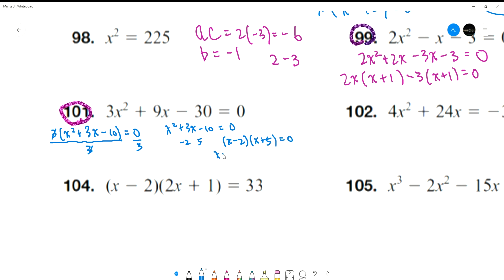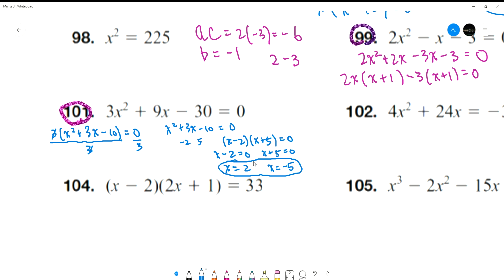And we can set each factor equal to 0. Then solve for x. So we add 2 to both sides. x is equal to positive 2. Subtract 5 here, and you get x is equal to negative 5. So we have two solutions: x is equal to 2 or x is equal to negative 5.